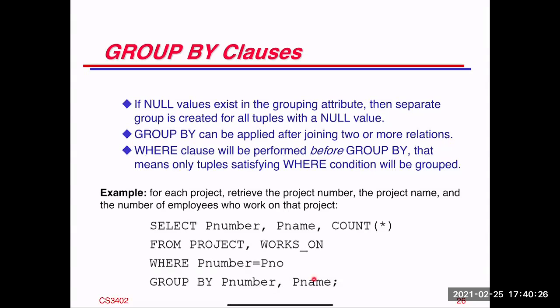If you remember in the company database, p name was not a key. So p name is not necessarily unique, right? But you can have tuples in the group, let's say project number 1, and project XYZ. But maybe you have another project with the same name.